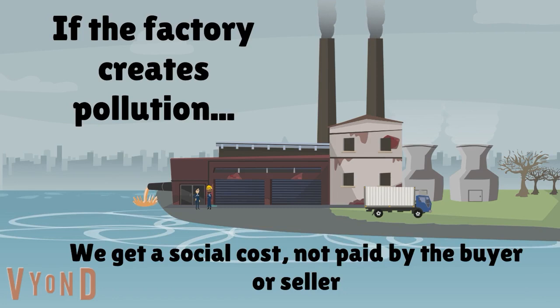There's a cost to society from that factory putting stuff in the air and the water, and those costs are not paid by the buyer or the seller. So if this is a meat packing plant creating a lot of air pollution, water pollution, and industrial waste, society has to deal with all that cost. The buyer and the seller don't.